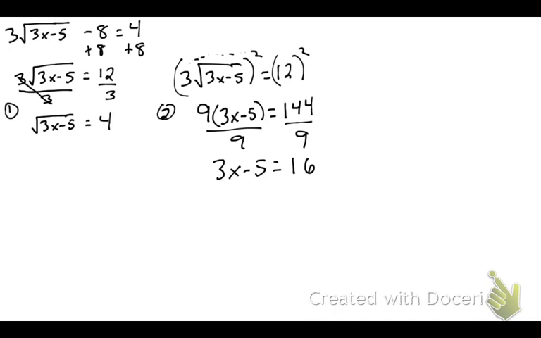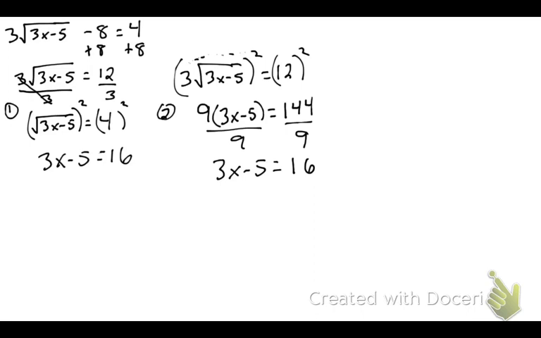If we go back to method 1 and decide to square both sides, we also get 3x minus 5 equals 16. So you really need to decide which method you prefer. Personally, I almost always do option 1. But you could choose to do option 2, and it's really just personal preference.